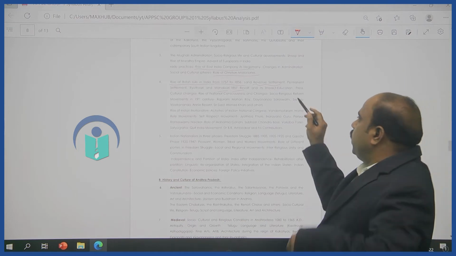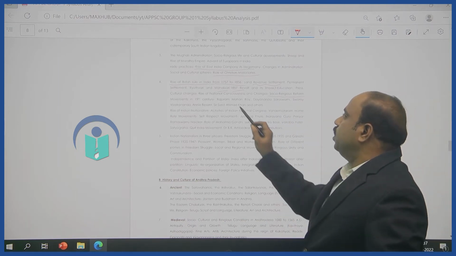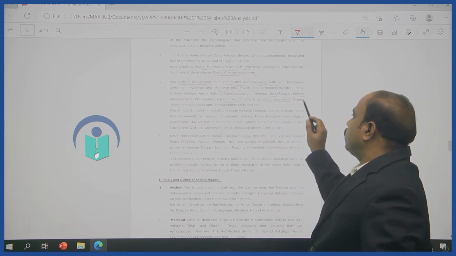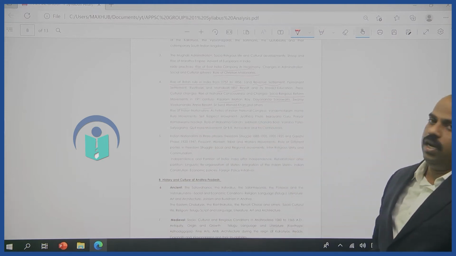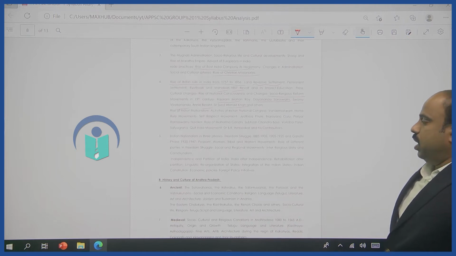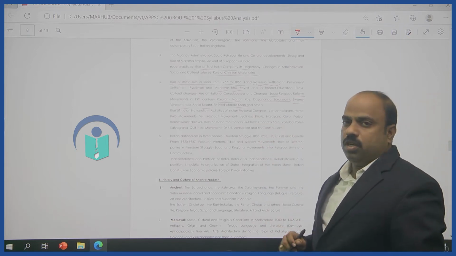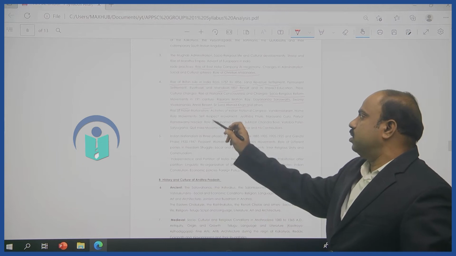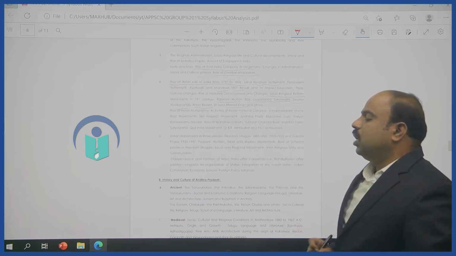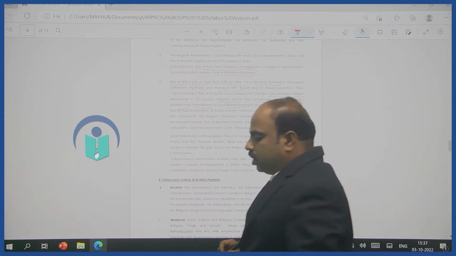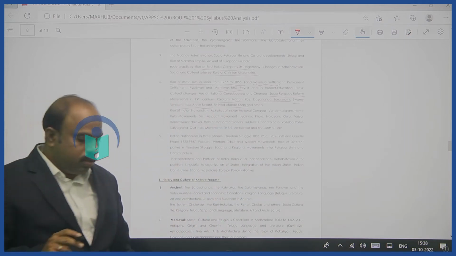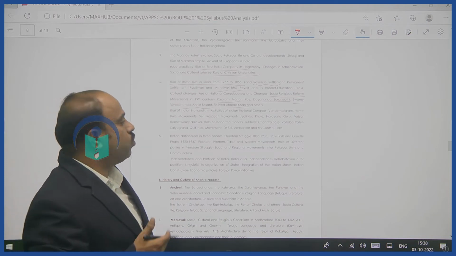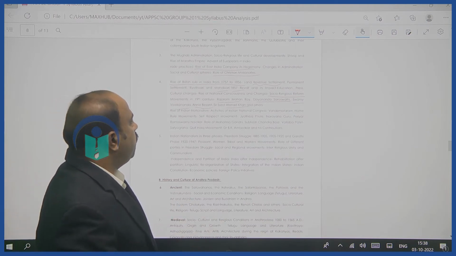So the next, various social religious reform movements by Raja Ram Mohan Roy, Dayanand Saraswati, Swami Vivekananda, Annie Besant, Sir Syed Ahmad Khan and others. So Sir Syed Ahmad Khan, Aligarh Muslim University, Annie Besant. Okay, following. So Annie Besant started the self-rule movement, which is known as the Home Rule Movement across India.